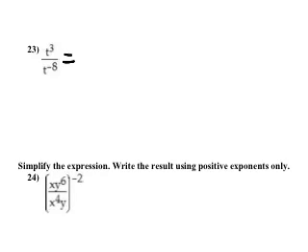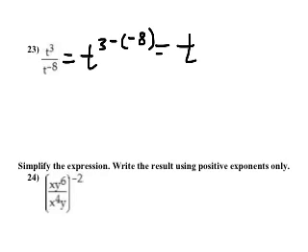But it's not a hard problem to begin with. So we subtract, right? So t to the third minus the exponent in the denominator, minus negative 8. Okay, 3 minus negative 8 is the same as 3 plus 8, which equals t to the 11th.